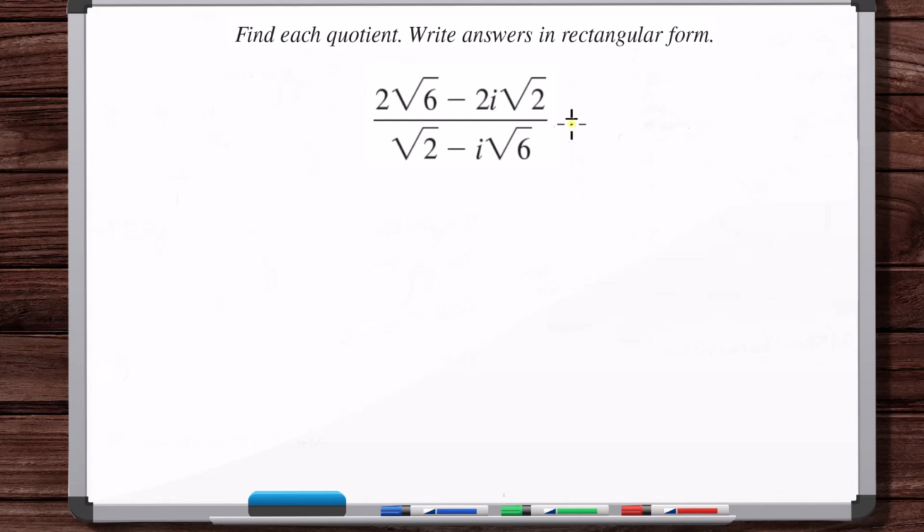Okay, so in the numerator, r1 is going to be, 2 root 6 squared is 4 times 6 is 24. 2 root 2 squared is 4 times 2 is 8. 24 plus 8 is 32. 16 times 2 is 32, so 4 root 2.